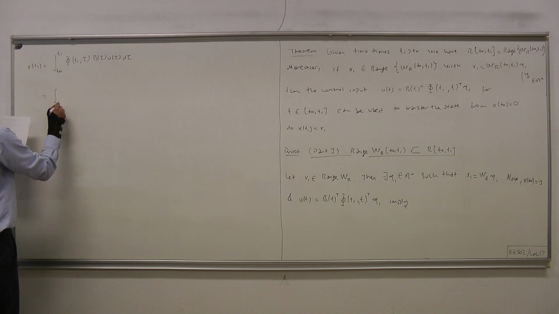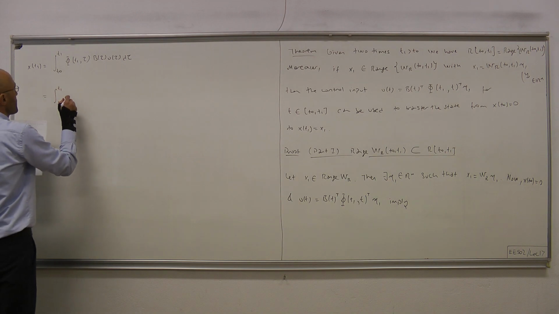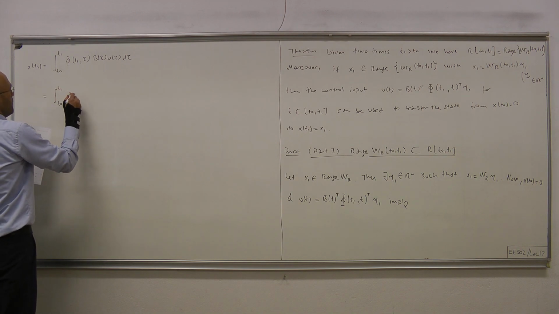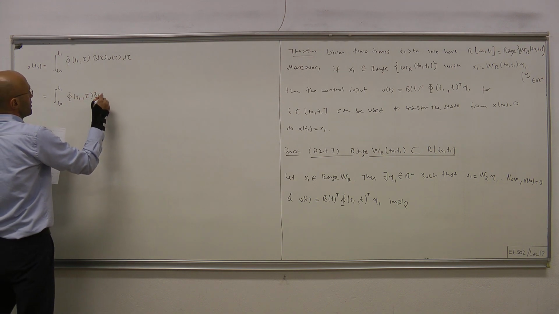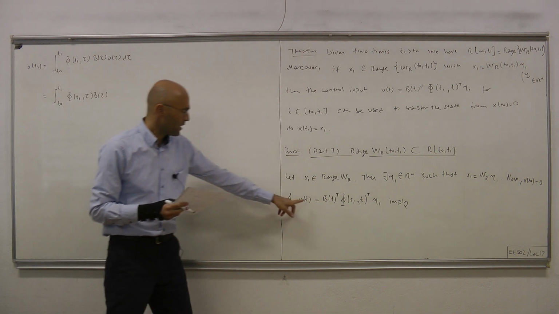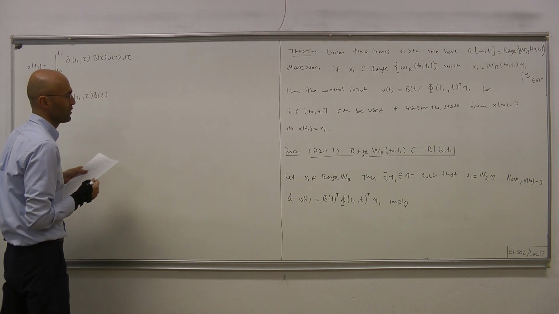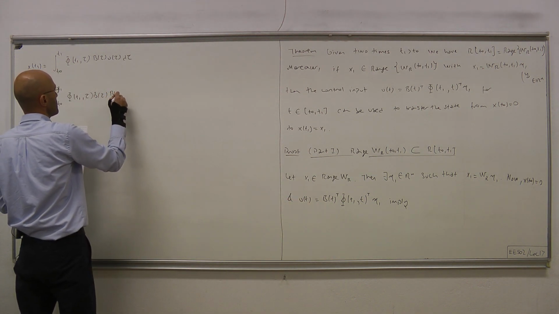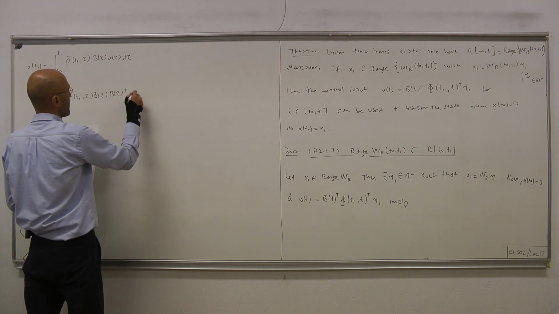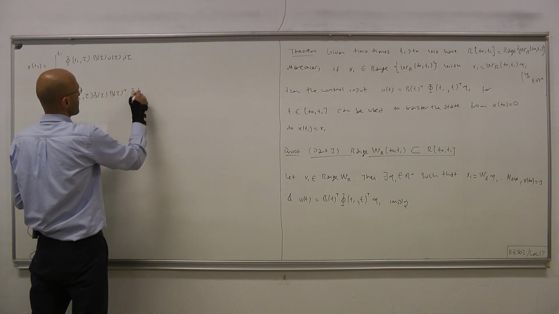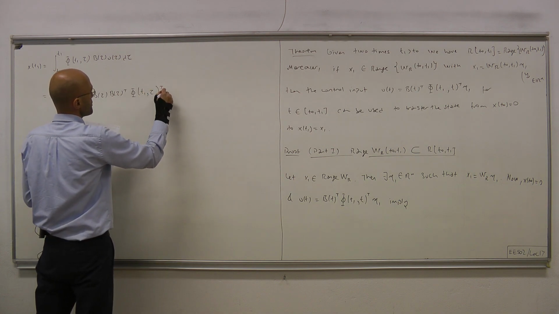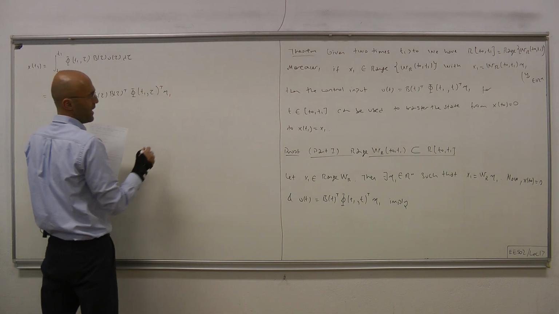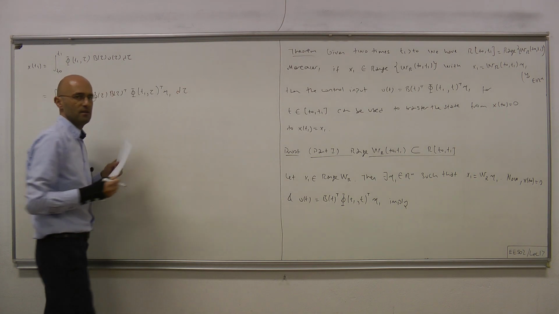So that equals, from t0 to t1, phi t1, tau, B tau, and then this is our u of t. Therefore u of tau is B transpose tau, phi t1, tau, transposed, eta 1, times d tau.